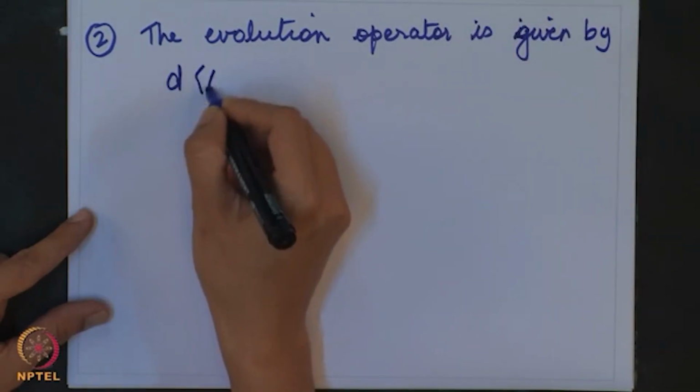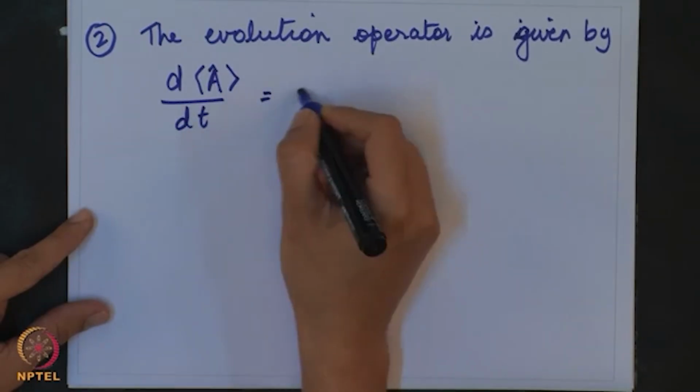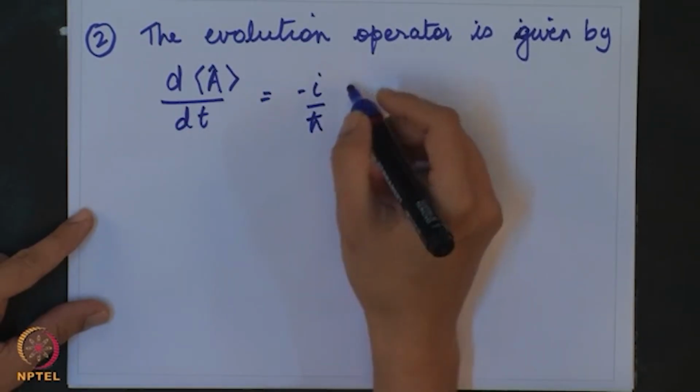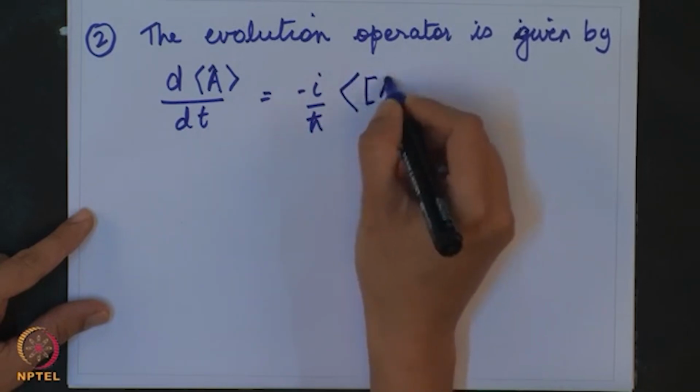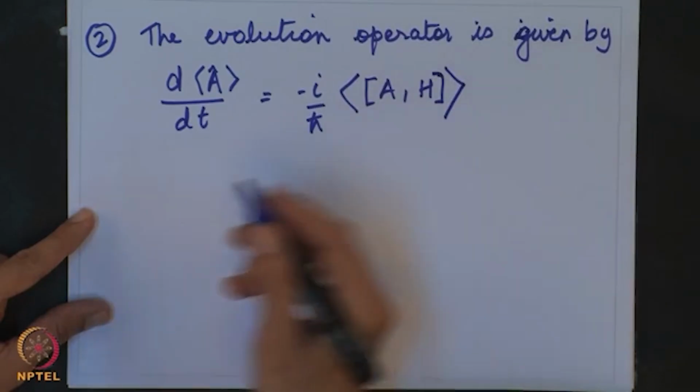In general we have seen this relation, when there is no explicit time dependence on the operator, we simply write this relation, which is also called the Ehrenfest theorem.